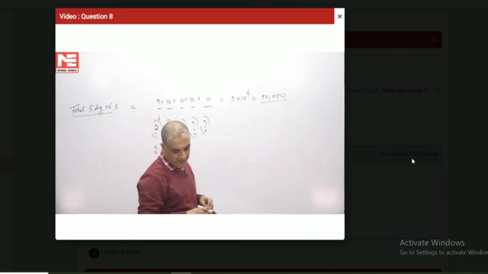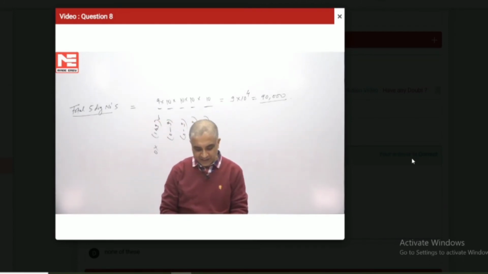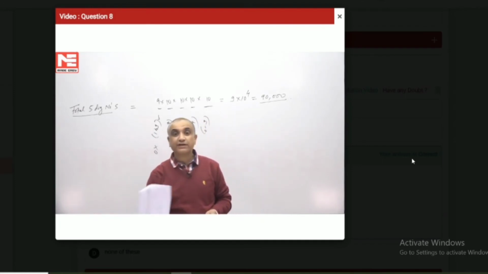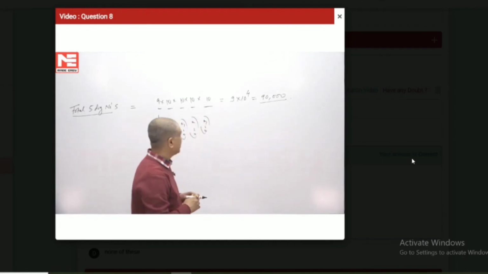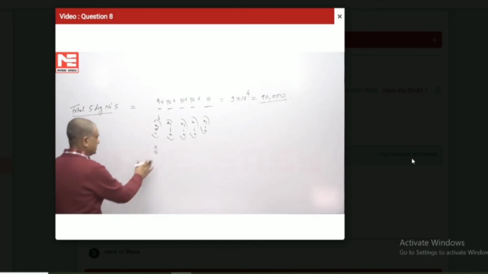Now he is saying that at least one of their digits is repeated. So let me find out 5-digit numbers without any repetition, and then I'm going to subtract them from here.